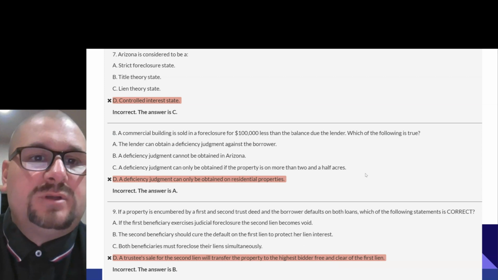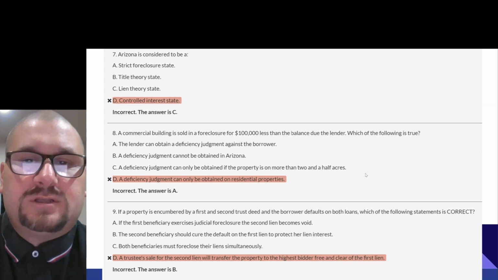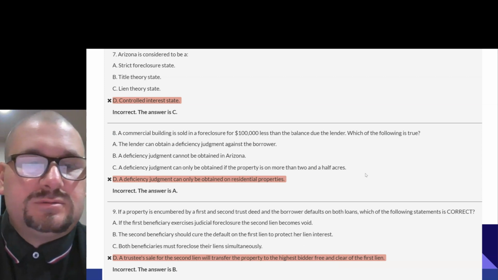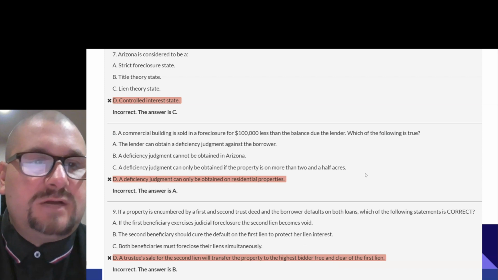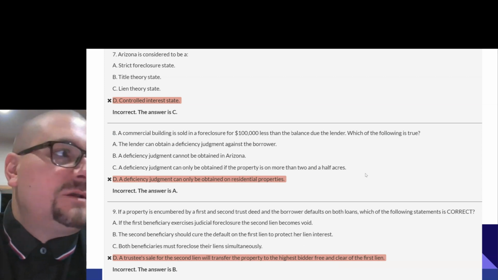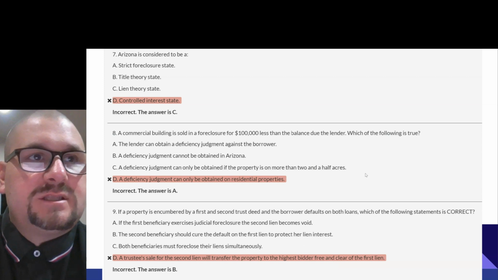A commercial building is sold in a foreclosure for $100,000 less than the balance due to the lender. Which of the following is true? It is Alpha. The lender can obtain a deficiency judgment against the borrower.